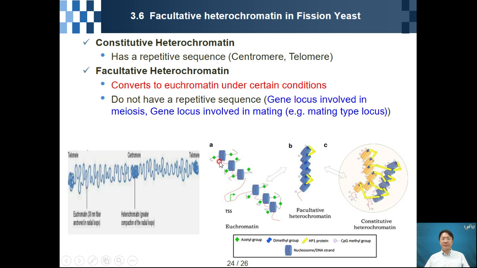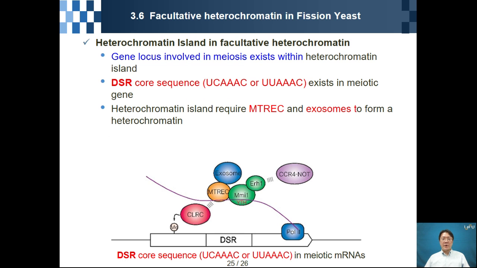Okay. So in this slide, I will explain one example of the facultative heterochromatin. The name is Heterochromatin Islands. So gene loci involved in meiosis exist within Heterochromatin Islands. So this region we call Heterochromatin Islands. Actually the DSR core sequence, so DSR is not a repetitive sequence.